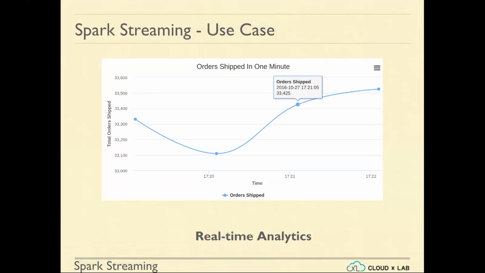Dell sells laptops on their website, and they wanted to observe how many orders are being shipped every minute in a dashboard. They wanted to update this graph as and when data comes. This is called operational intelligence, whereby our operations team is observing these graphs continuously and comparing it with, say, yesterday and what was happening 15 days before and what was happening in the last quarter or last year.